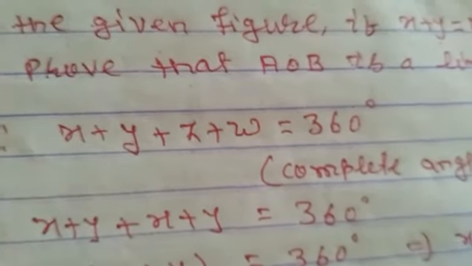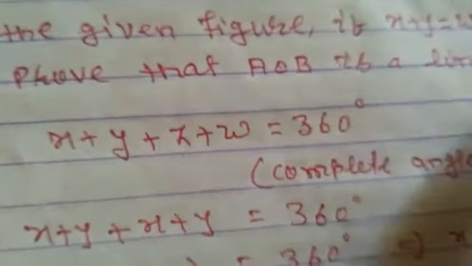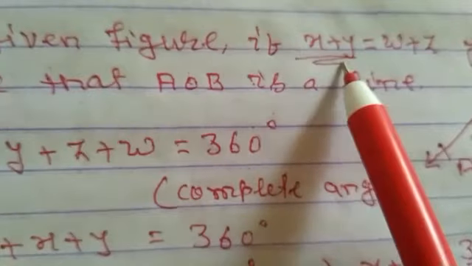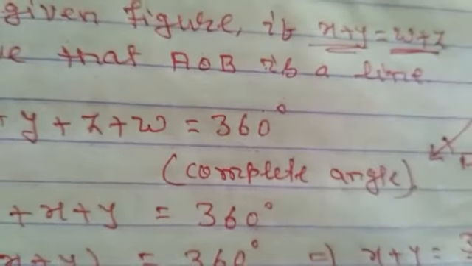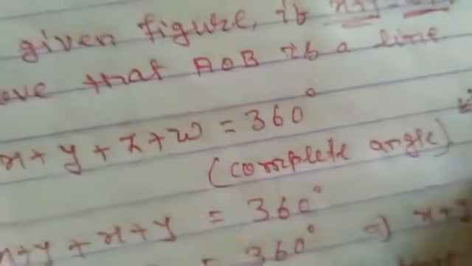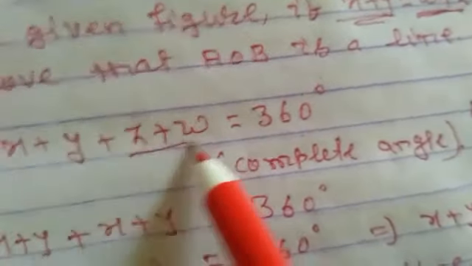This is a complete angle. But now in the question it was given that x plus y is equal to w plus z. It is given. So now we substitute the sum of z plus w by the sum of x plus y.